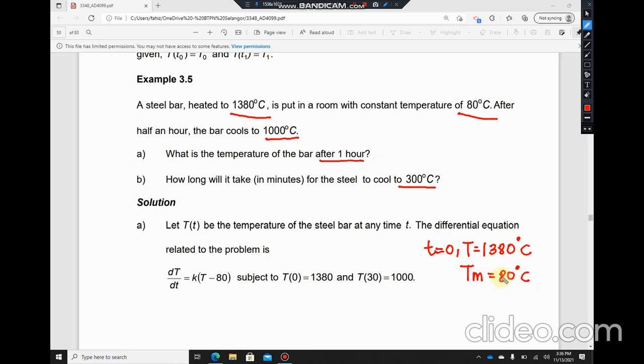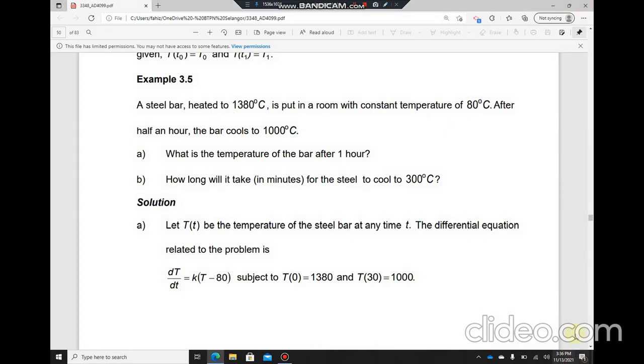After half an hour, it means t equals half an hour, or you can write it in minutes, so t equals 30. Here we change and use minutes. So t equals 30, and the temperature equals 1000. So you have these three pieces of information here. Now, how to solve this?